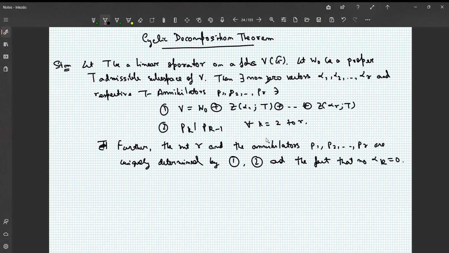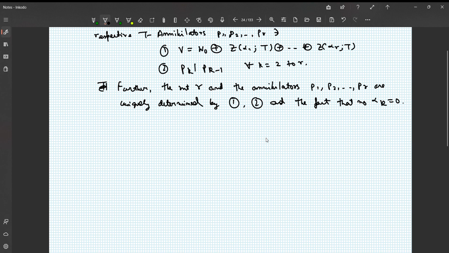Okay, so this was the statement of the cyclic decomposition theorem, and what we had already proved. So we had proved the following steps.